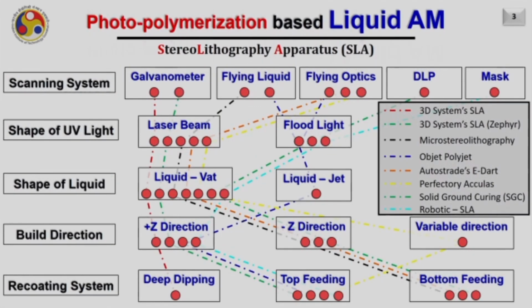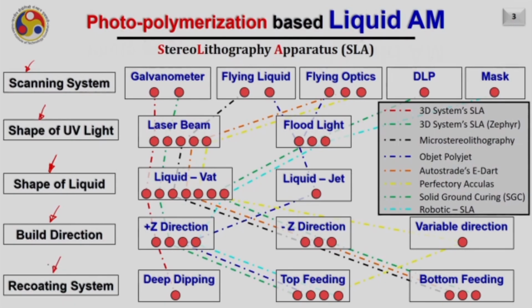If you recall this slide, we have already discussed the classification of photopolymerization based liquid additive manufacturing processes, and based on the different subcomponents or subsystems available, we classified the process by different scanning systems, different shapes of UV light, different shapes of the liquid photopolymer we are using, and then different build directions and different recoating systems.